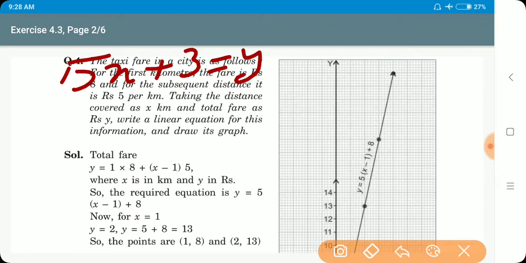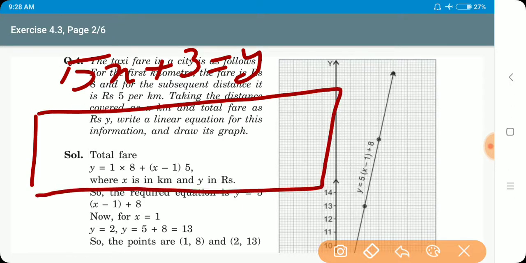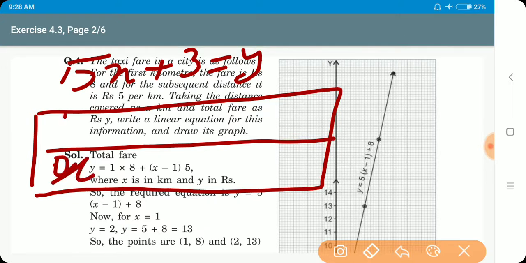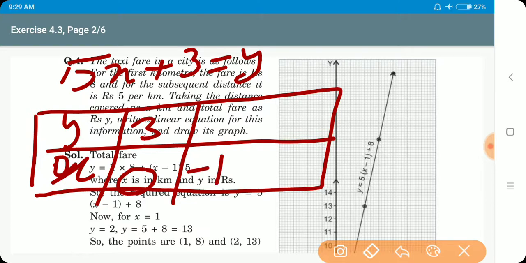So how can I represent it? I will make a table. I will put a value of x and get the value of y. So I am putting x is equal to 0, so I am getting the y value, which is 3. If I put the value minus 1, I am getting minus 2.